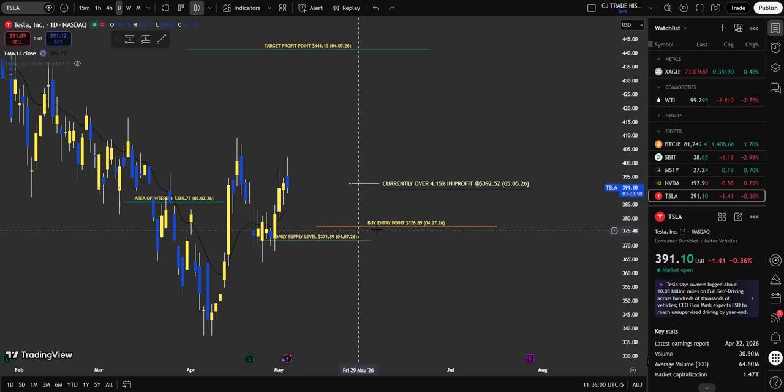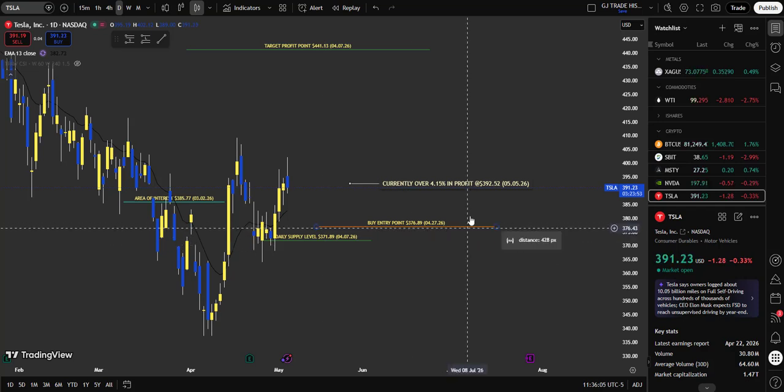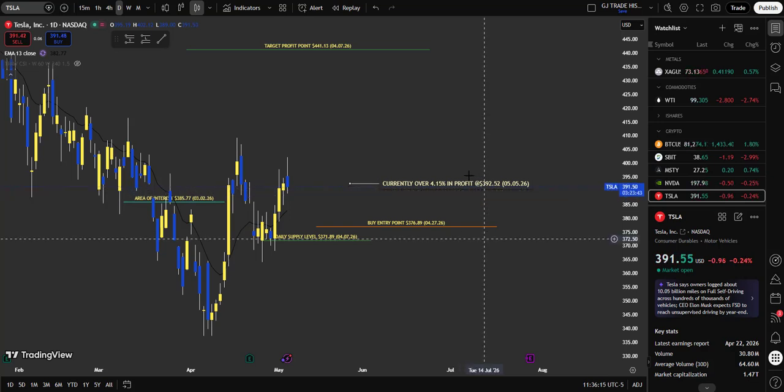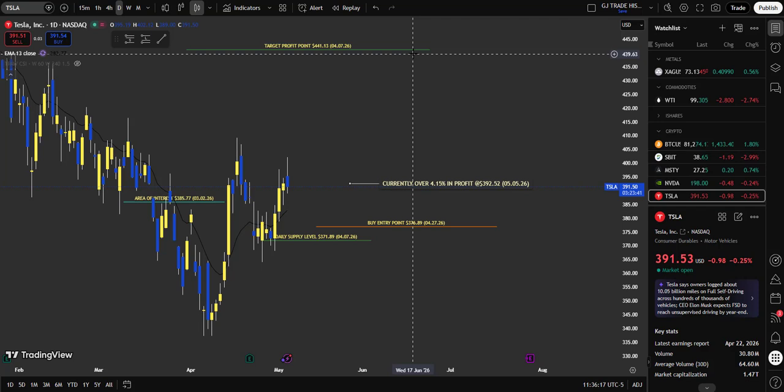And so we're actually buying at 376.89. We're currently 4.15% in profit as of this recording. It's a little bit off of that 392.52, and it's currently at 391.33, but just about 4% in profit currently, and we have a take profit point of 441.13. So we're watching that.